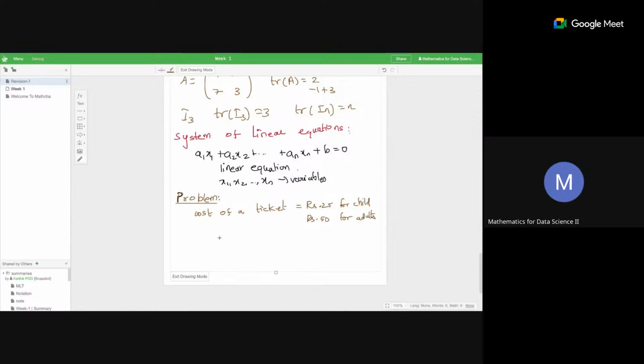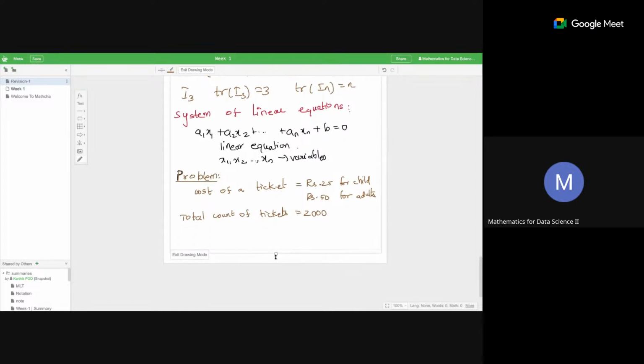Now on one day, the total count of tickets sales per day is 2000. On one particular day we are talking.